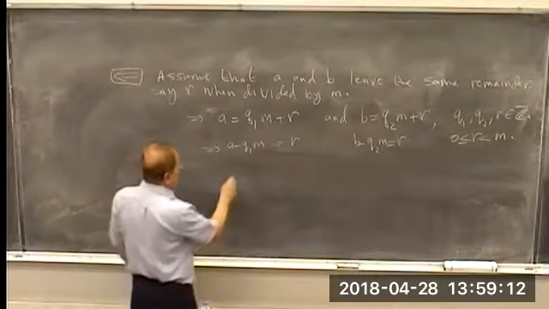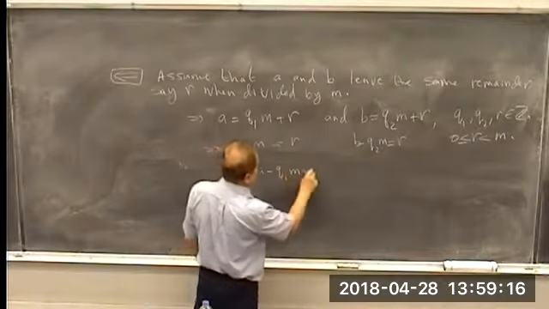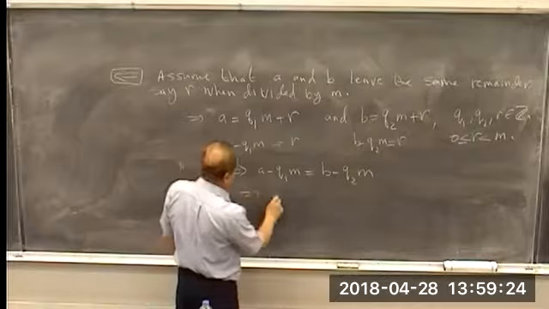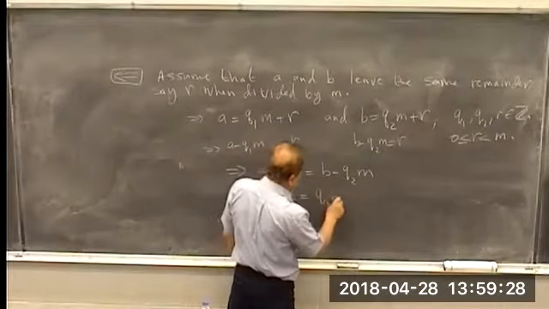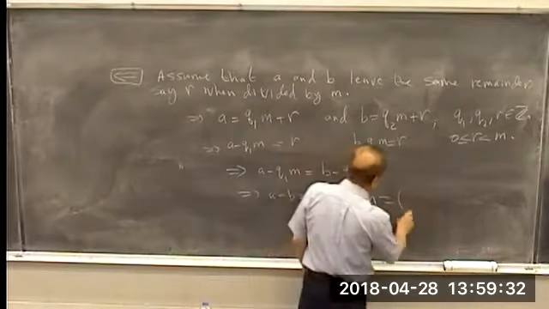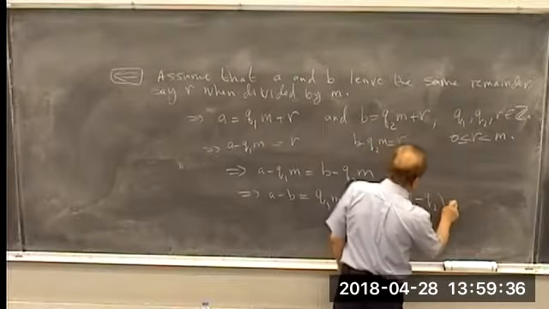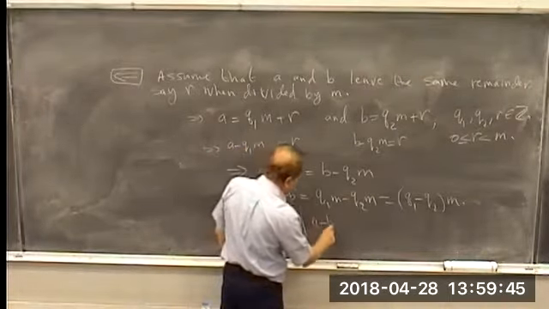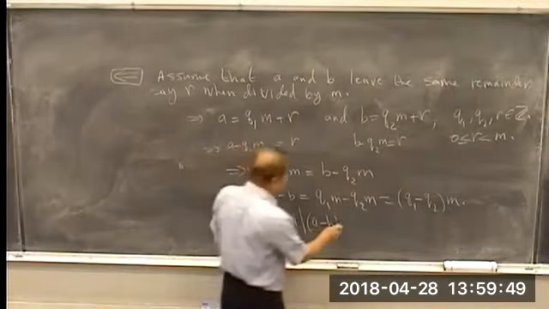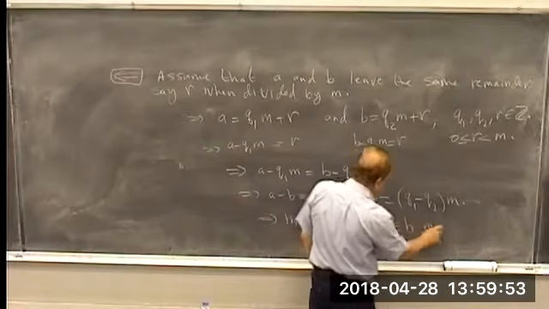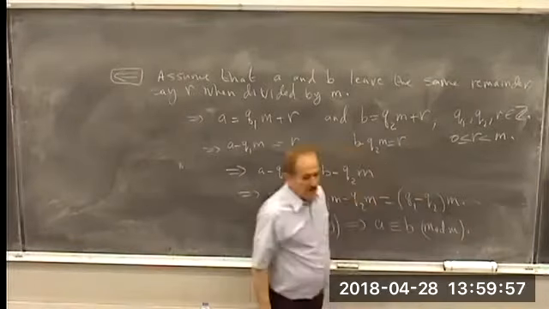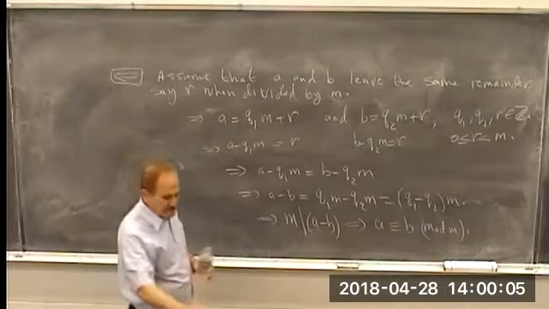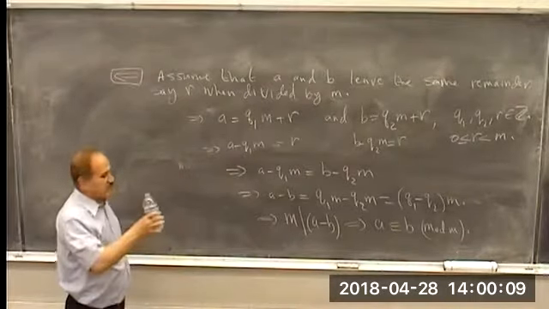So I can put these equal to each other, and I can rearrange this as A minus B equals Q1M minus Q2M, which I can write as a multiple of M. And this implies that M divides A minus B. Because A minus B is a multiple of M, this in itself implies A is congruent to B mod M. Now you can see the simplicity of working with congruence and divisibility using this congruence relation.